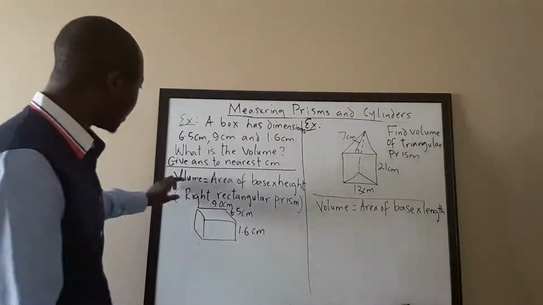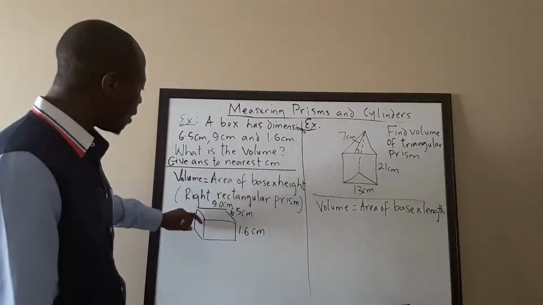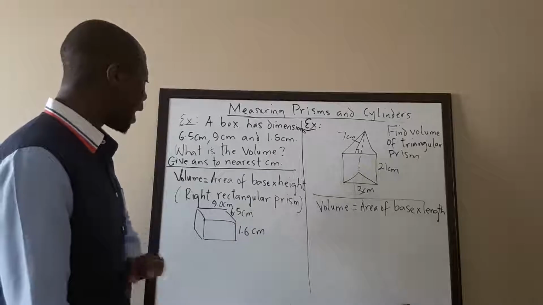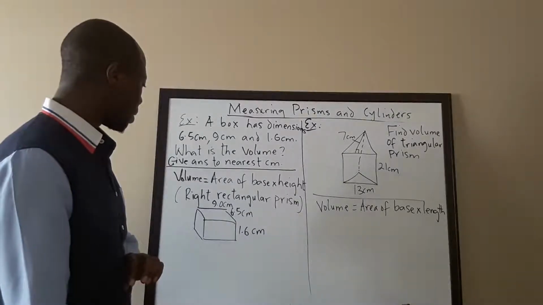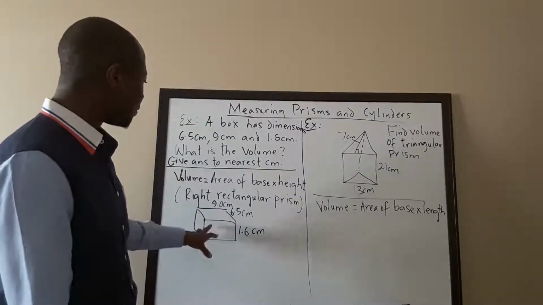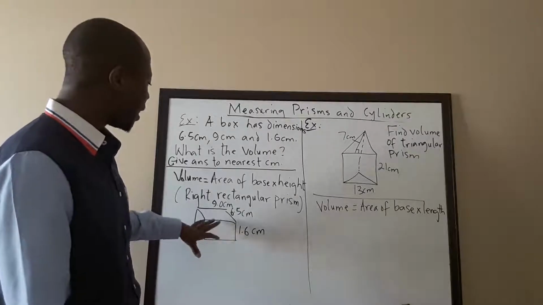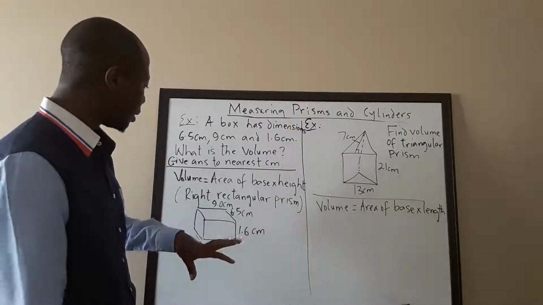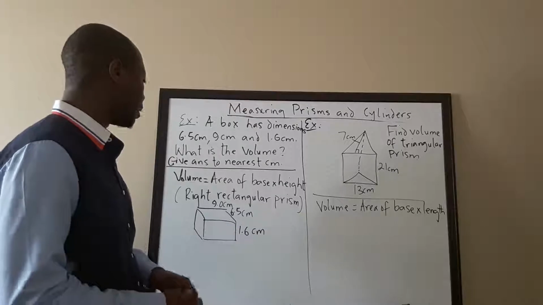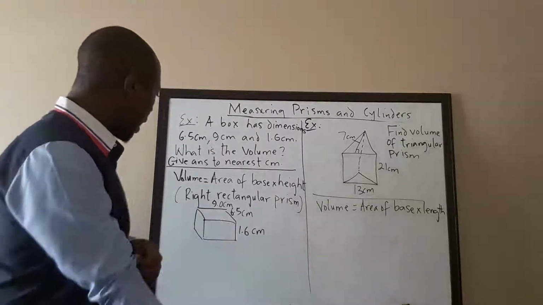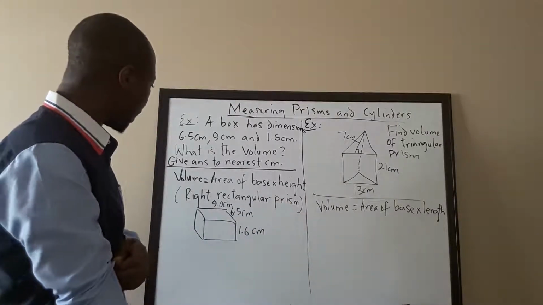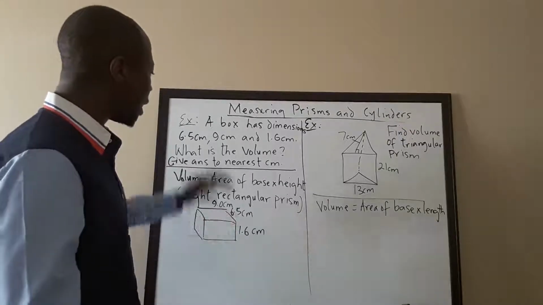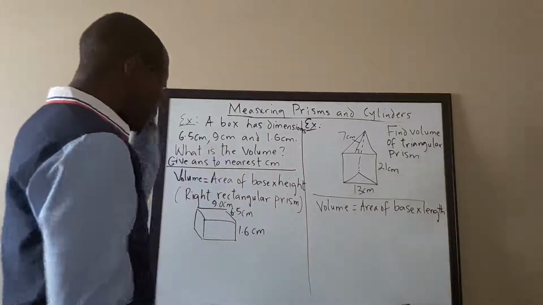So the formula for this one is the area of the base times the height. So that's the formula for this one. The area of the base times the height, basically. So, all right, I'm just going to start from here.